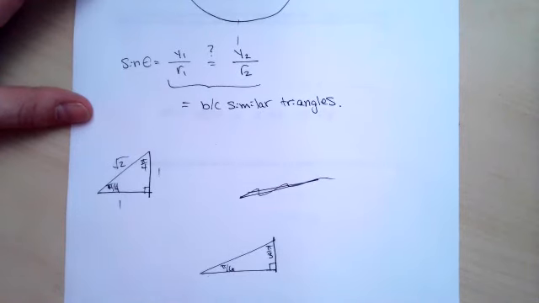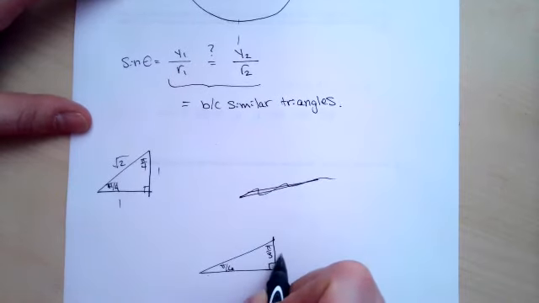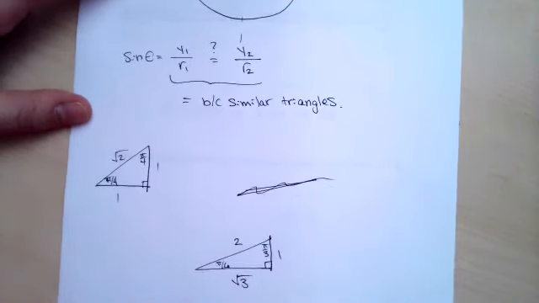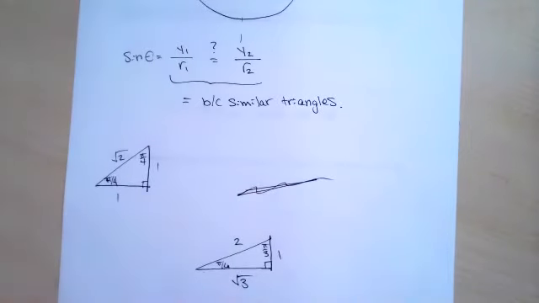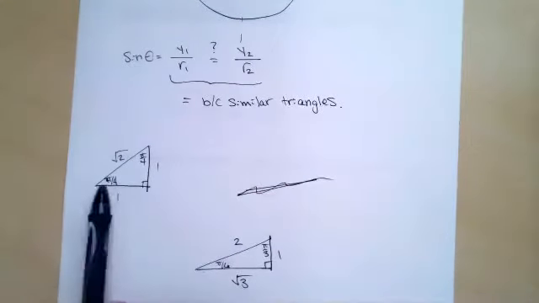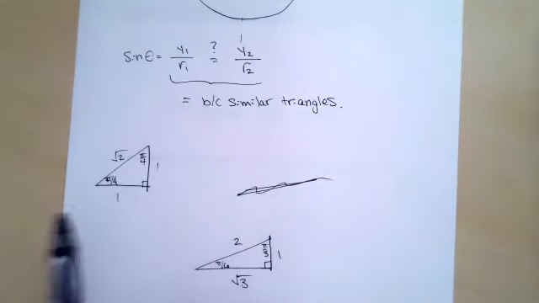The other one you need to remember is 1, 2, square root of 3. So when the angles are equal, 1, 1, 2, put the square root on the 2. When you have a 30, 60, 90 triangle, remember 1, 2, 3, put the square root on the 3.